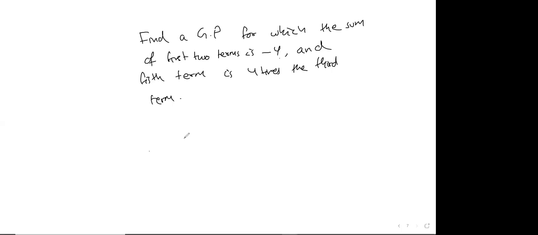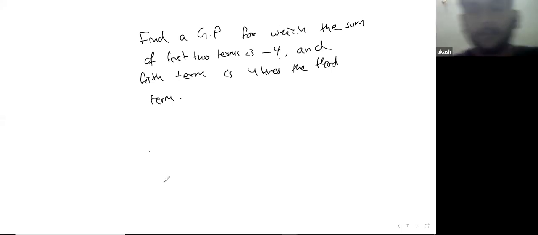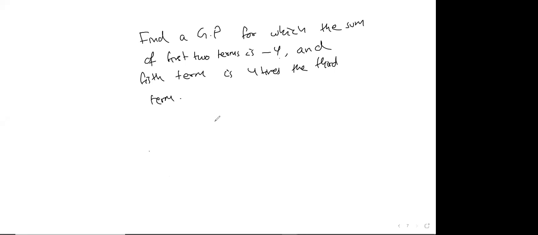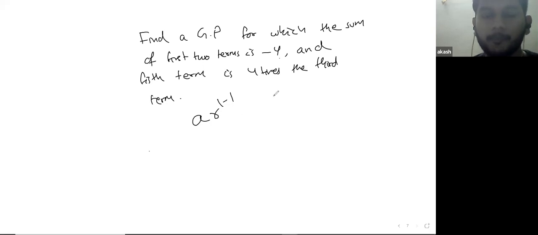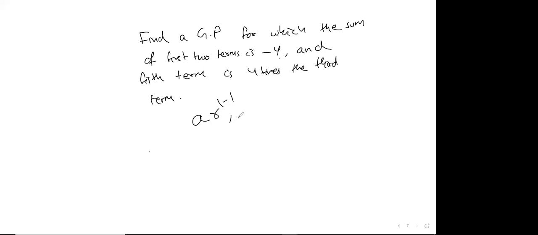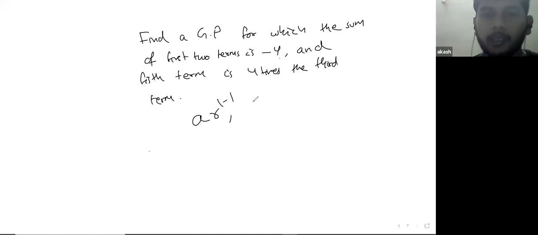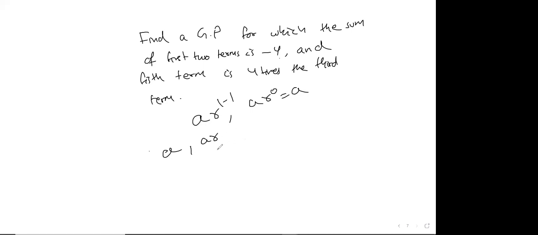Sir, is it correct? Sorry, Peer, I was not able to hear you. Your voice is very low here. Sir, ar to the power 1 minus 1. Yeah, this is the first term, right? Yes, sir. So it will be ar to the power 0. Yeah, so we can just write a, right? This is a. So the first term is a, the second term is ar. Yeah, so I can just write ar.